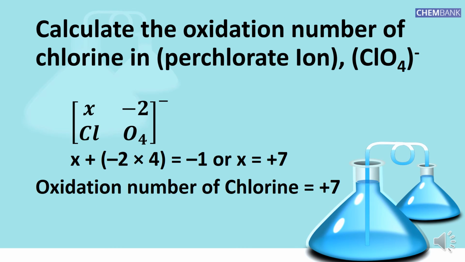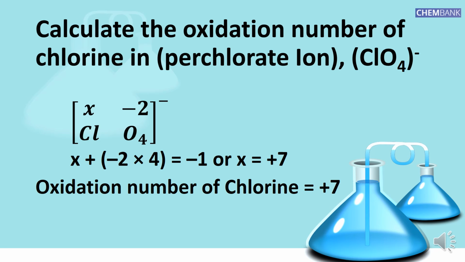Now let us calculate the oxidation number of chlorine in perchlorate ion, ClO4 with 1 negative charge. So you can see here, students, we will take chlorine as X, oxygen will be taken as -2, and perchlorate ion has a single negative charge.